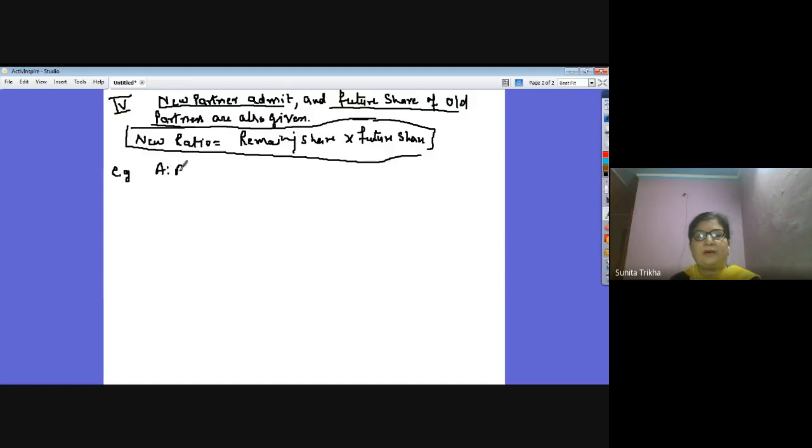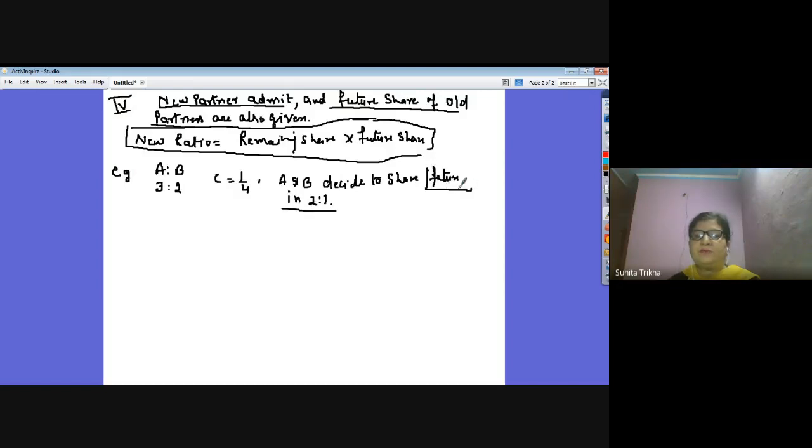For example, A and B are partners sharing 3:2. C admit for 1/4 share and A and B decide to share future in 2:1. ठीक है, तो A and B decide to share futures in 2:1.